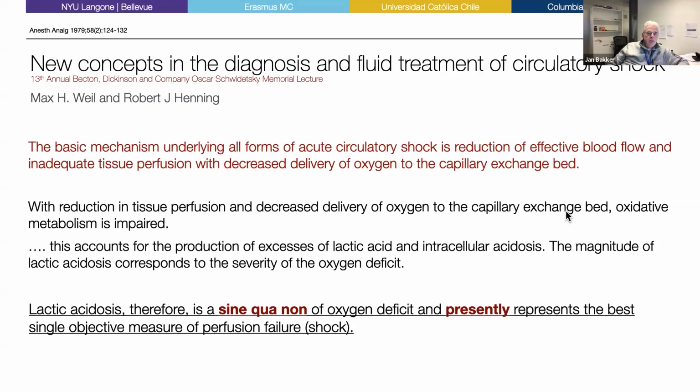In his annual lecture in 1979, he basically said, well, lactic acidosis is a sine qua non of oxygen deficit. So basically what he meant, if you do not have an increased lactate, there is no tissue hypoxia.